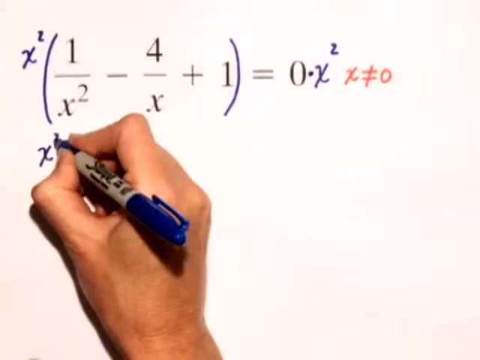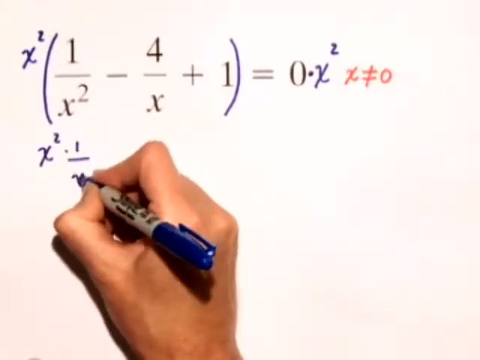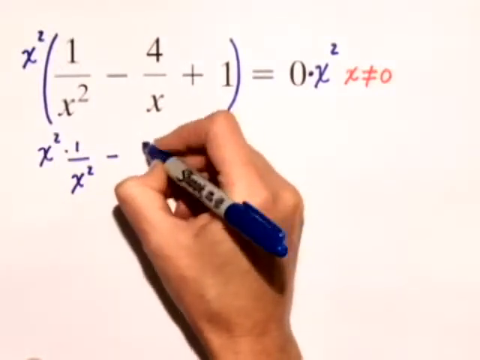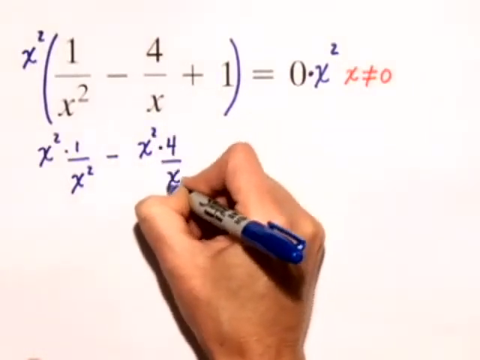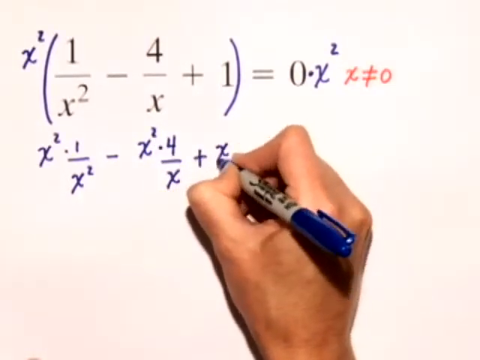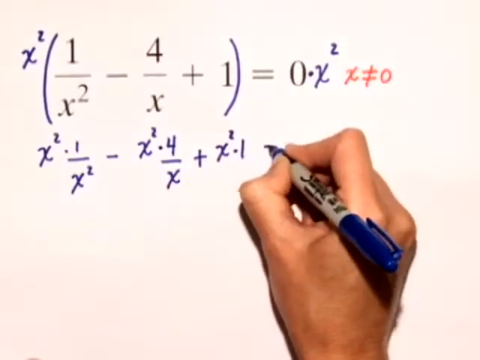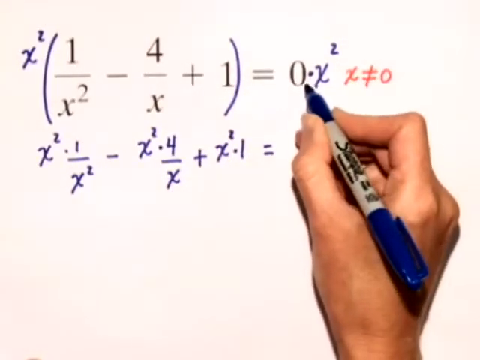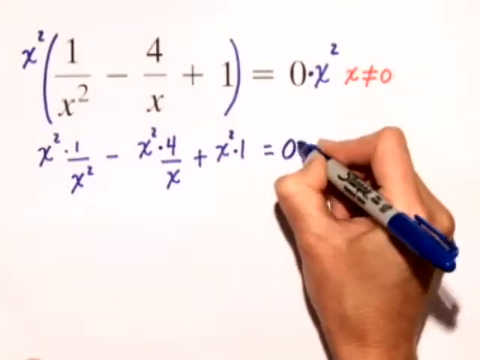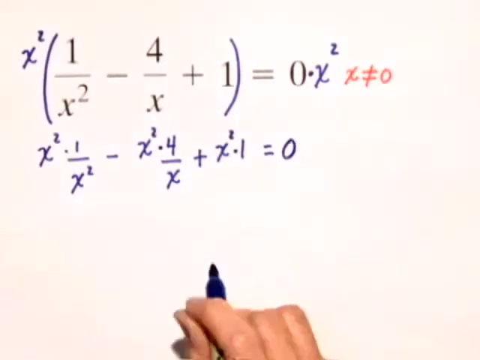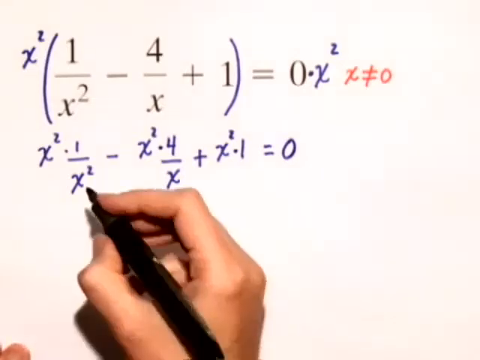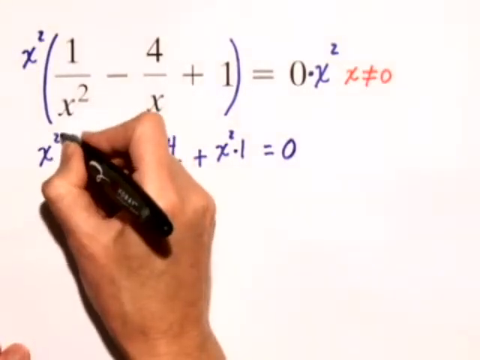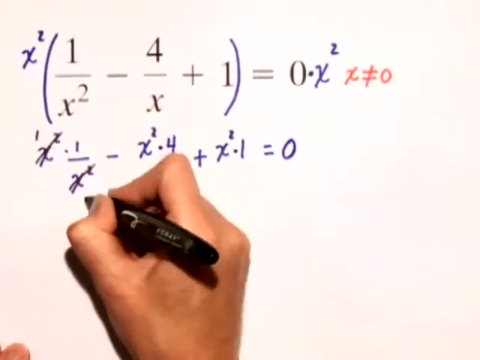We have x squared times 1 over x squared minus x squared times 4 over x plus x squared times 1, and that's equal to 0 times x squared, which is just 0. Now in the next step, we should see that our fractions will cancel. x squared divided by x squared just gives me 1.